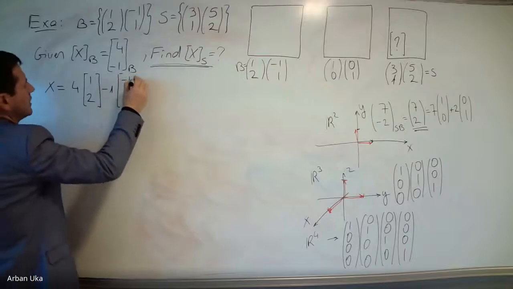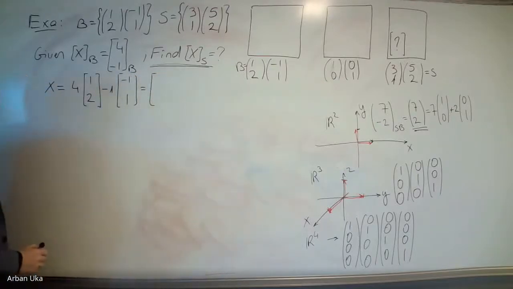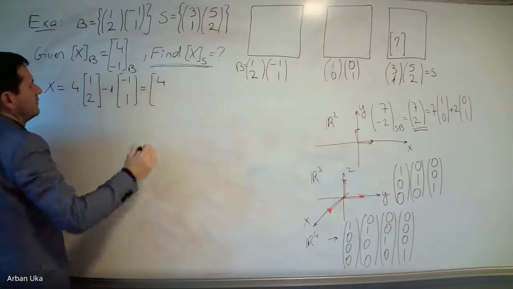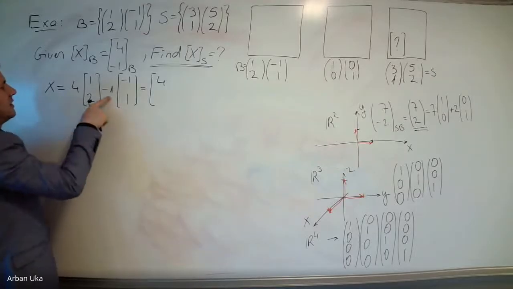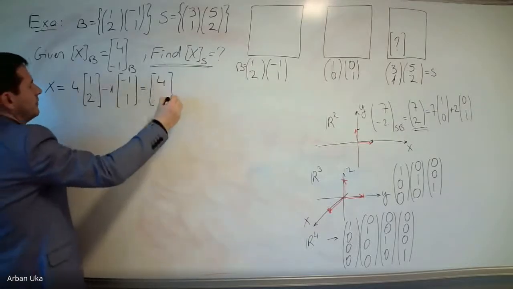Minus 1. Yes, times what? Minus 1, 1. Yes, minus 1, 1. And this is equal to what? 4, yes, and then? 8. No. Is it 8? Or minus 1. So what should I write here?